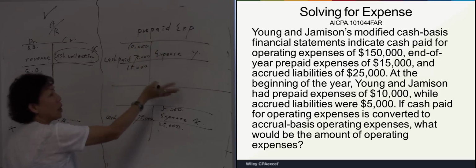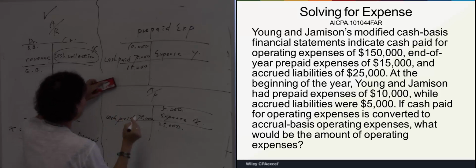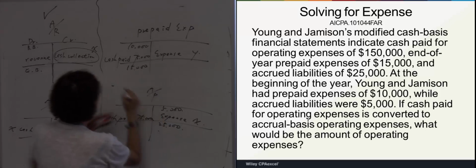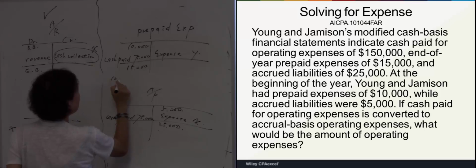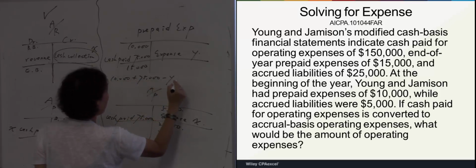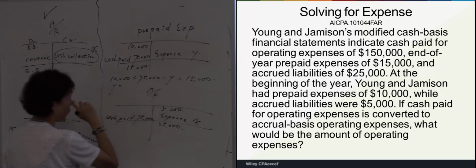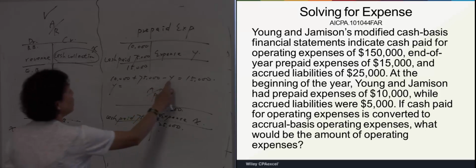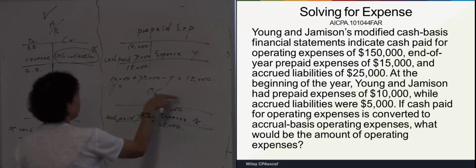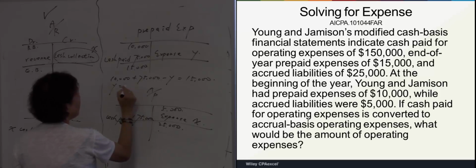Here, prepaid expense is an asset, so whatever amount shown in debit is positive. So we have 10,000 plus 75,000 minus y equals 15,000. So how much is y? We move this to the right side and move this to the left side.